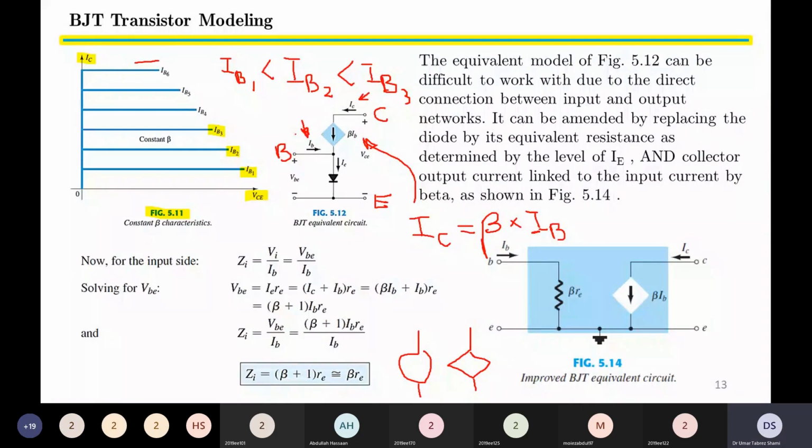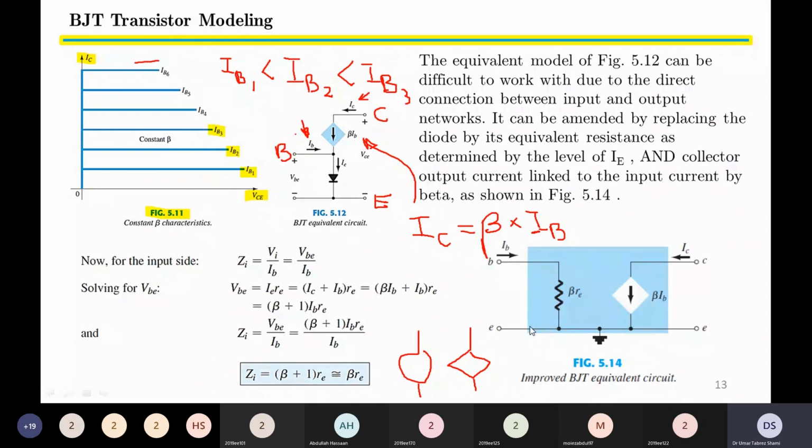So the complete and improved BJT equivalent circuit is shown in figure 5.14, where the diode has been replaced by a resistance. This resistance has a value of beta times Re, and also we can introduce a diode between the base and emitter.